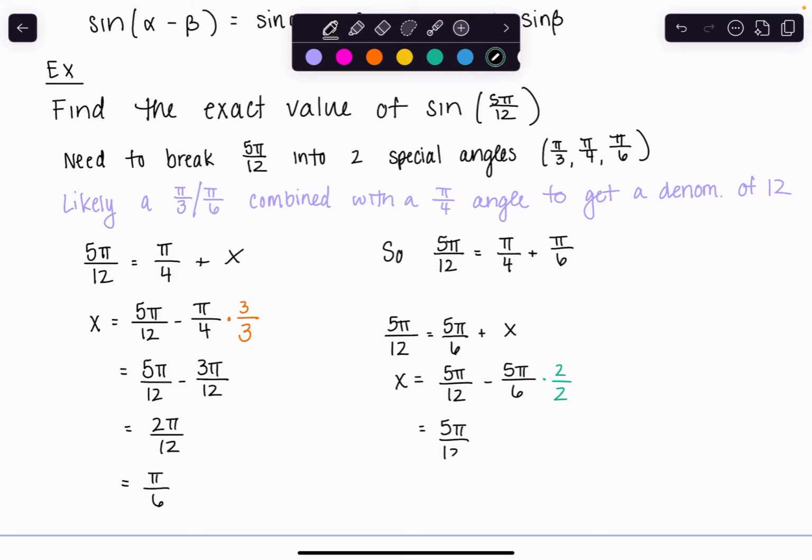So that's 5 pi over 12 minus 10 pi over 12. And if I do that, I end up with negative 5 pi over 12. And again, not a special angle, so I can't break it down that way, which is why using those pi over 6 and pi over 3s aren't good to start with, because I don't know which of them I need. Instead, to get 12, I know I definitely need a pi over 4 in the bottom, so that's going to be my root that I go with.